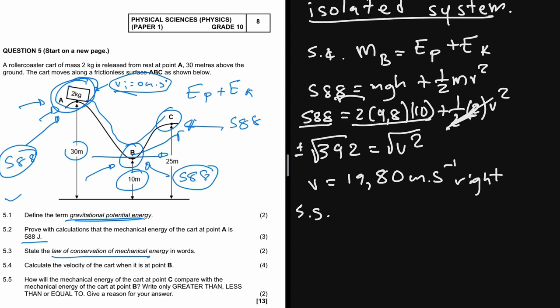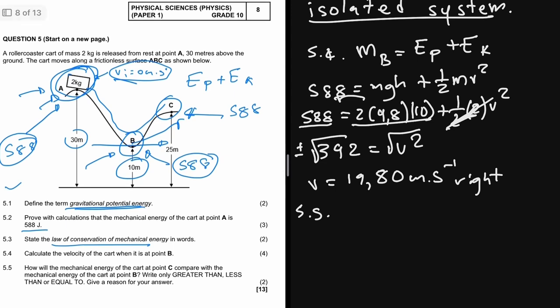And then now 5.5, they ask us what? They say, how will the mechanical energy of the car at point C compare with the mechanical energy of the car at point B? Greater, or remember now, the mechanical energy will be the same because the mechanical energy is conserved. So we can just say it will be equal to.